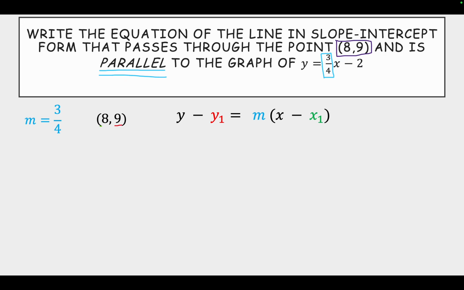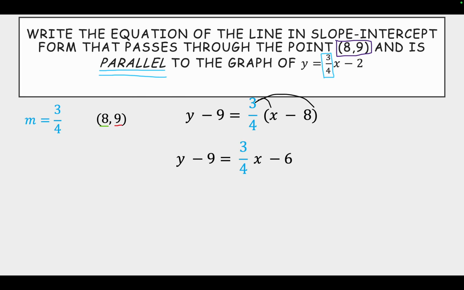We plug in our values. 9 is our y value, 8 is our x value, 3 over 4 is our slope. So this becomes y minus 9 equals 3 over 4 times x minus 8. And if we need to write it in slope-intercept form, we can distribute to get rid of parentheses. 3 over 4x minus 6.